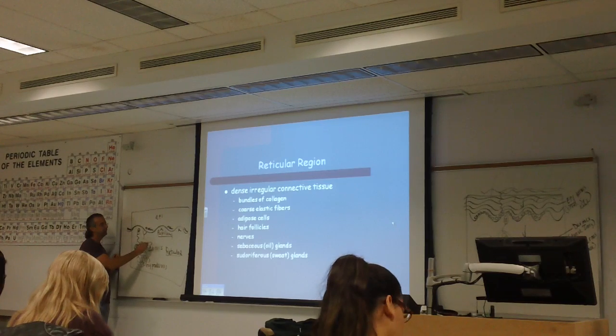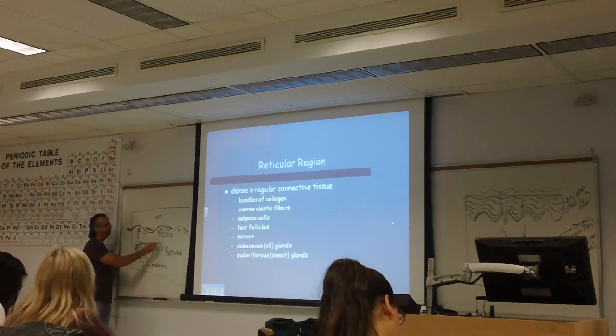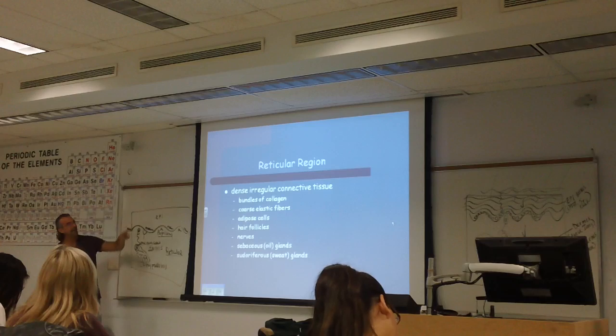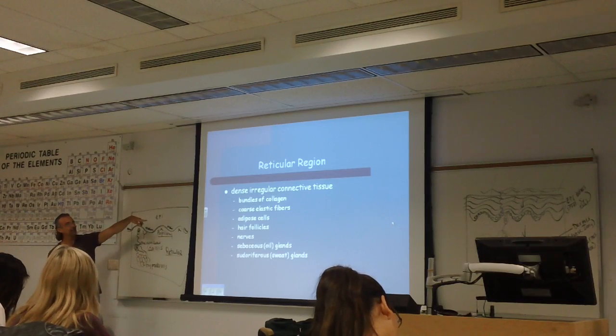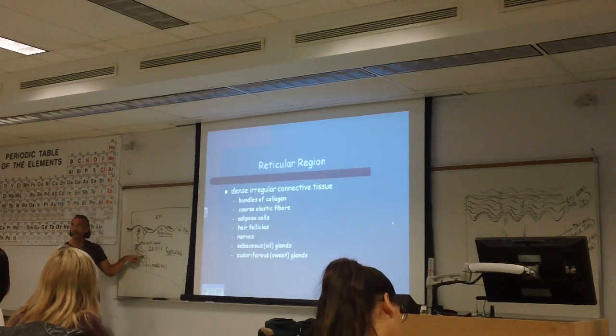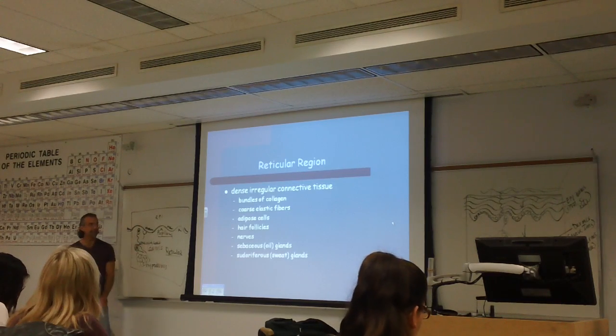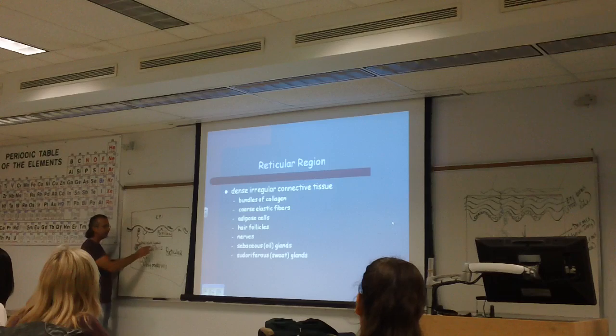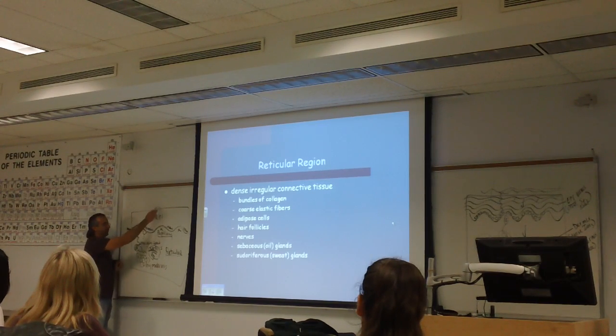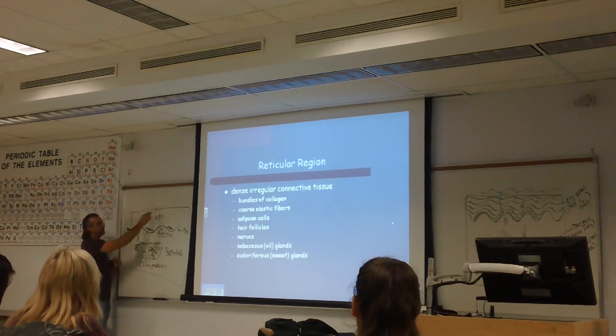Pacinian corpuscle. And we have elastic fibers, some adipose cells hanging out in that area as well. Some nerves, oil glands, sweat glands. They all hang out down to this area. Little ducts come up to the surface.